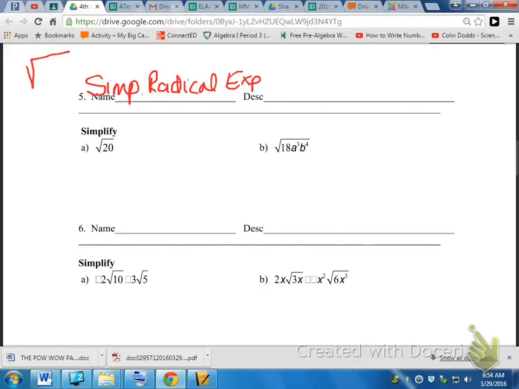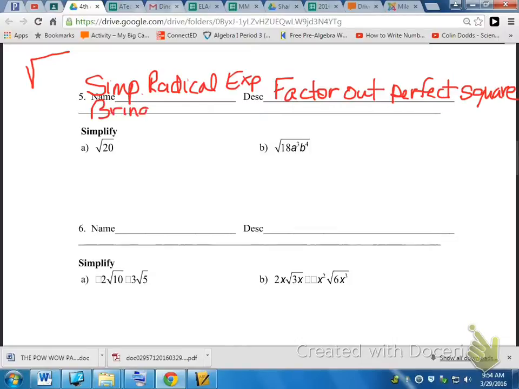And what we are going to do for our description, factor out perfect squares. Can we just draw a square? Factor out perfect squares.